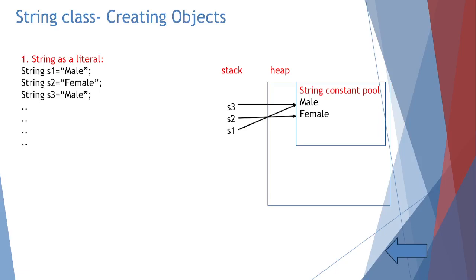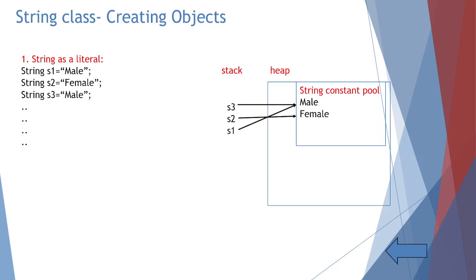That is why the garbage collector does not deallocate objects from the string constant pool. Why? Because let's assume s1 is deleted, but still s3 is pointing at male. So the garbage collector does not deallocate objects from the string constant pool.